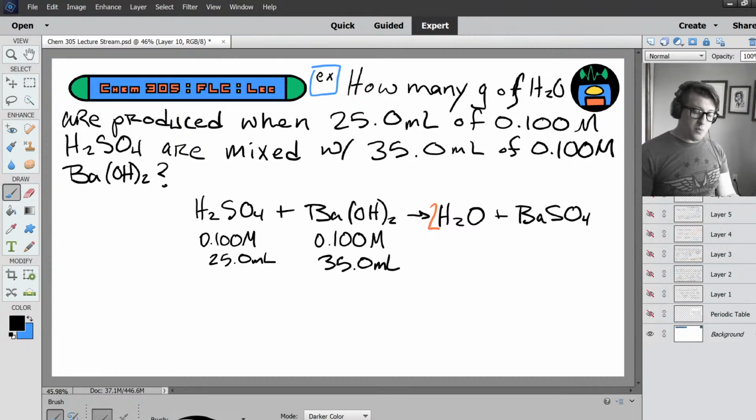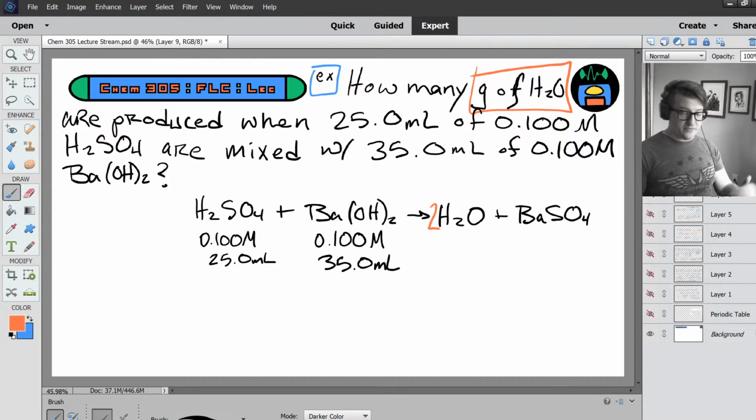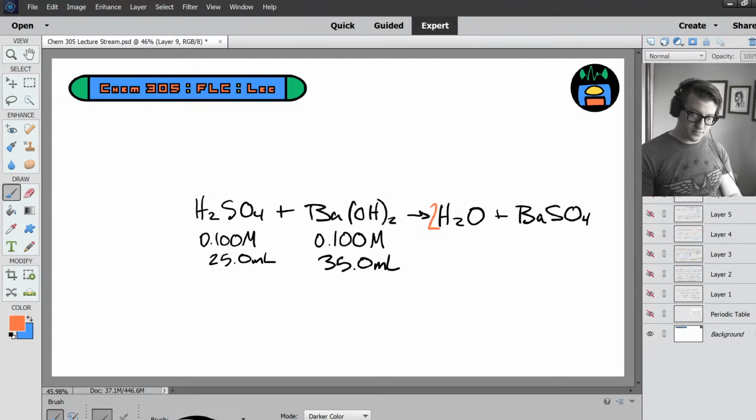All right, so what we have here is a limiting reactant problem. We need to find how many grams of water are produced, and we've got 2 initial starting quantities of 2 reactants. So we need to do the calculation with each initial quantity. Whichever one is lower will be our theoretical yield of water.